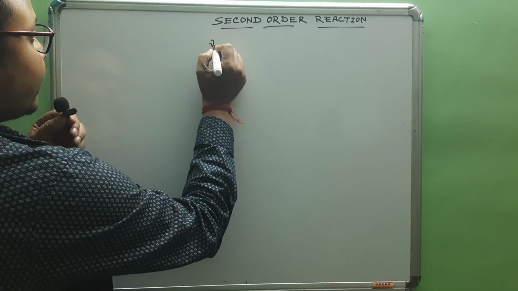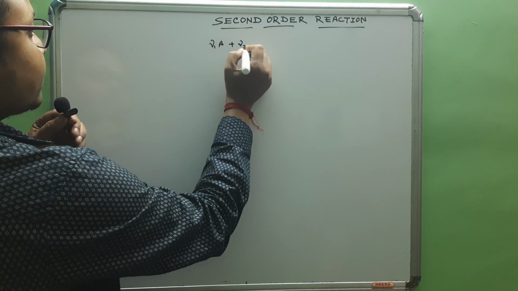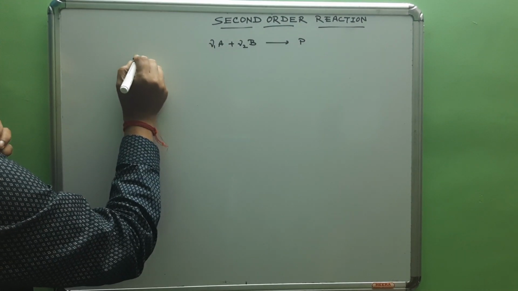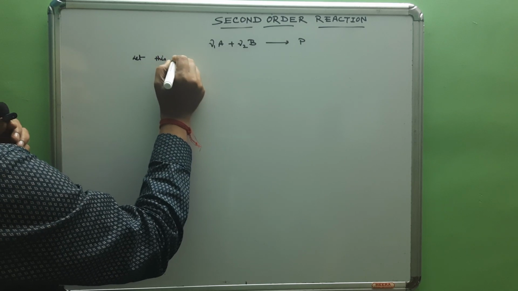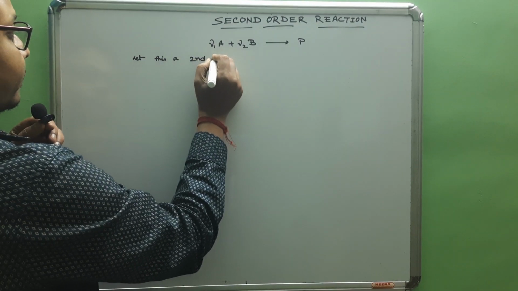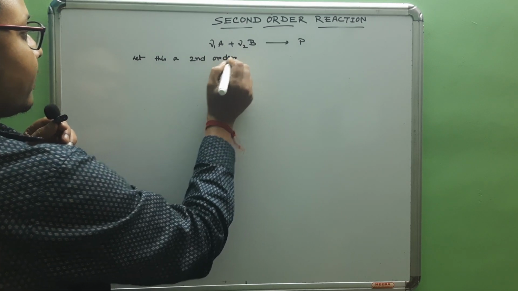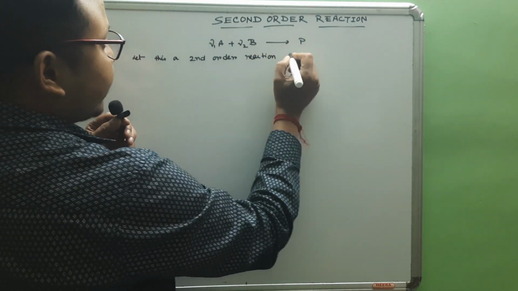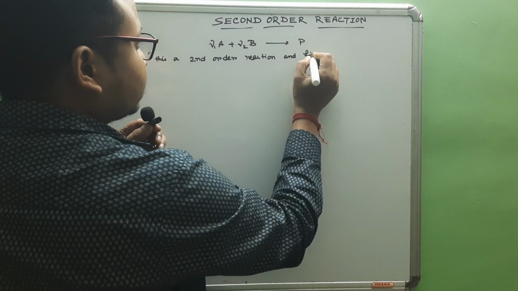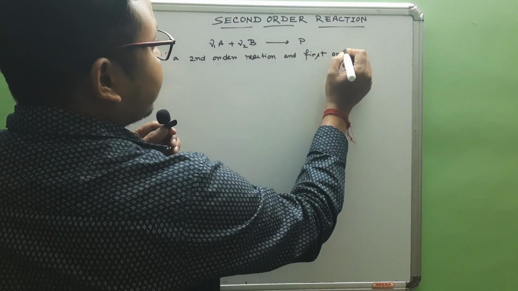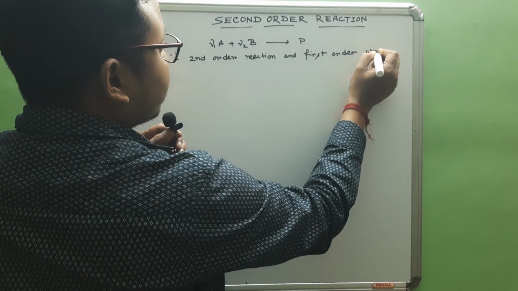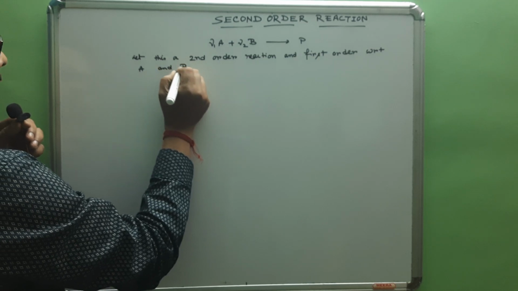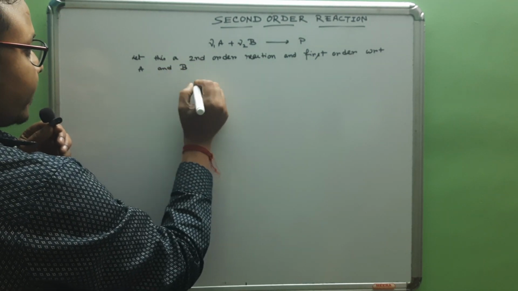Let the reaction be nu1 A plus nu2 B giving product. Let this be a second order reaction, first order with respect to reactant A and reactant B. So what will be the rate?